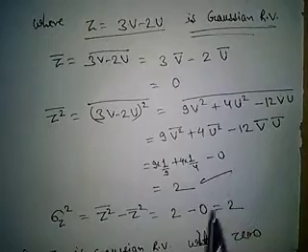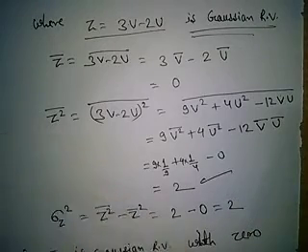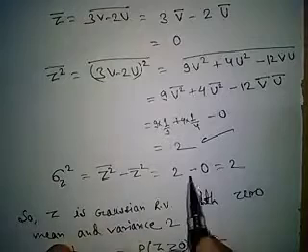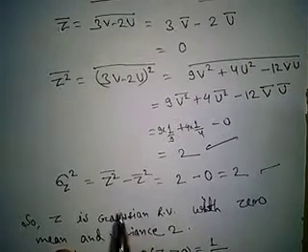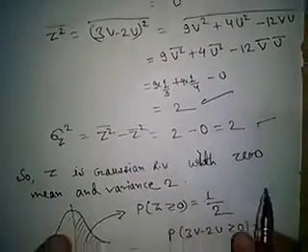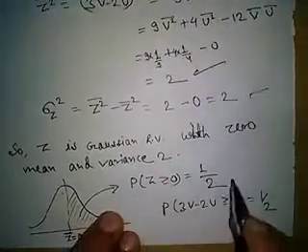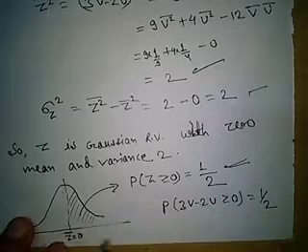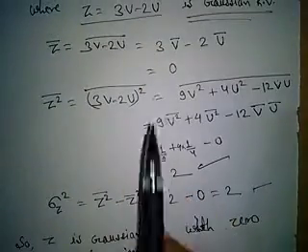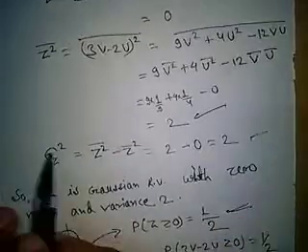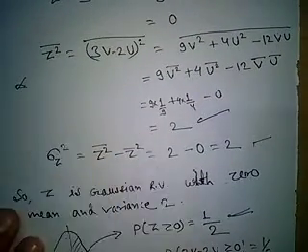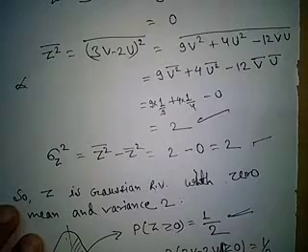So further by solving we get the Z square mean, and the variance will be this one, 2. So Z is a Gaussian random variable with 0 mean and variance 2. The variance was not actually required to solve the problem, but I derived it to let you know about these things.